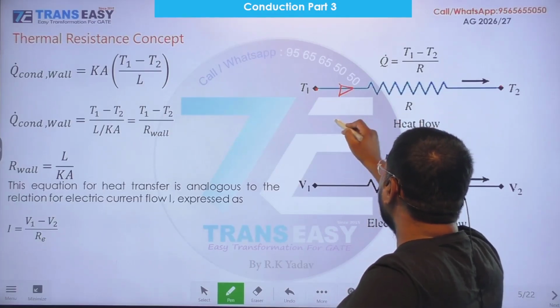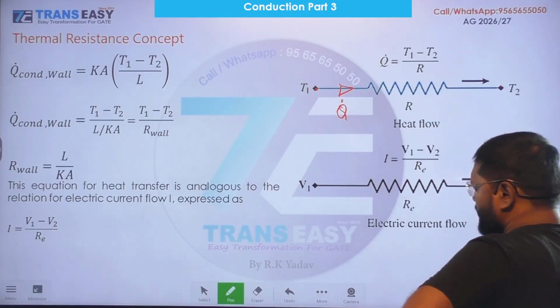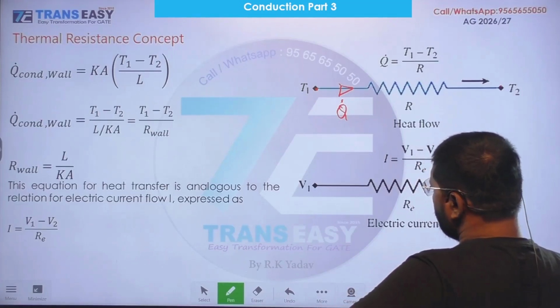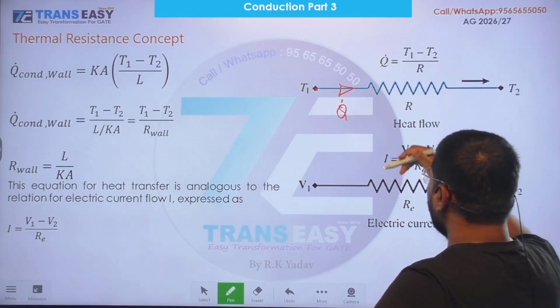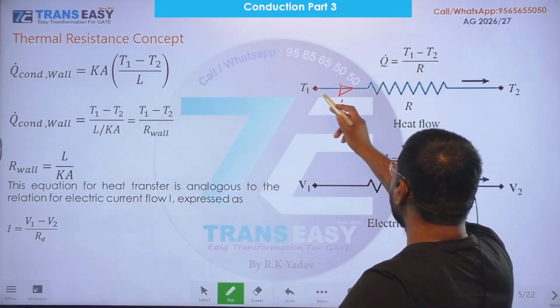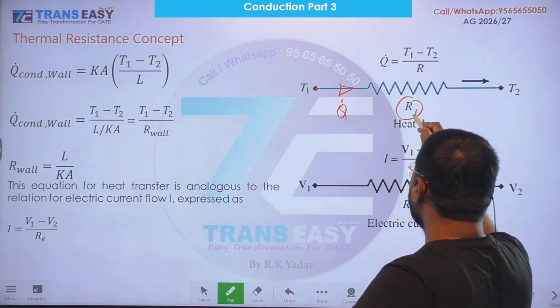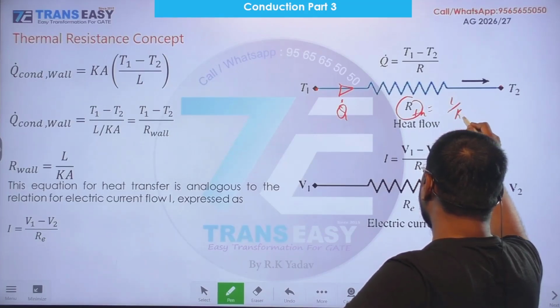And this is heat transfer due to conduction through the plane wall. Its value is (T1 minus T2) upon R. This R is called thermal resistance and its value is L upon kA.